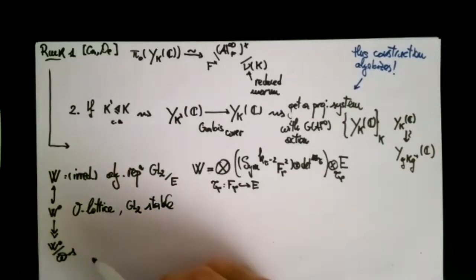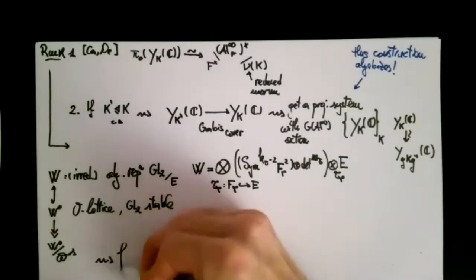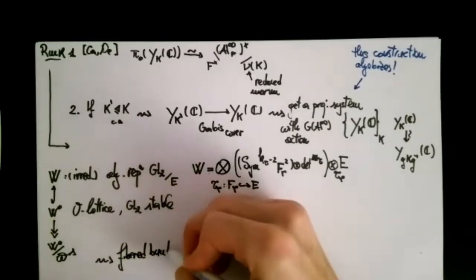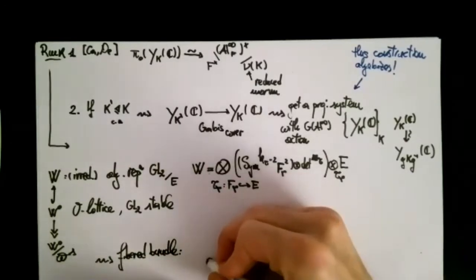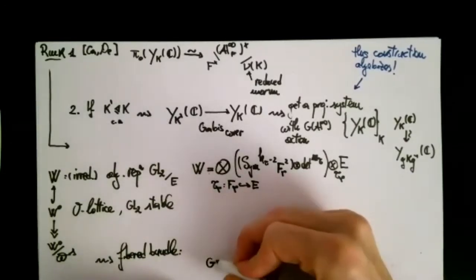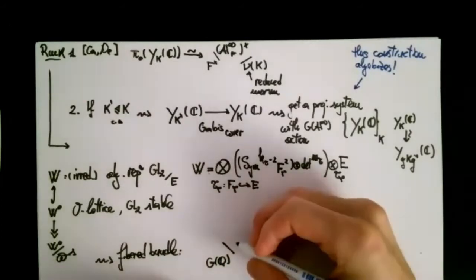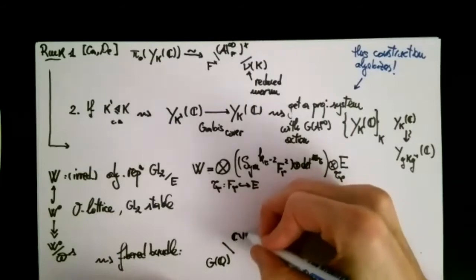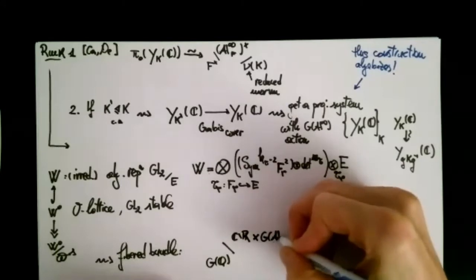So given this data, I can consider the fiber bundle defined as follows. So I consider GQ, and here we have C minus R times the finite adels.